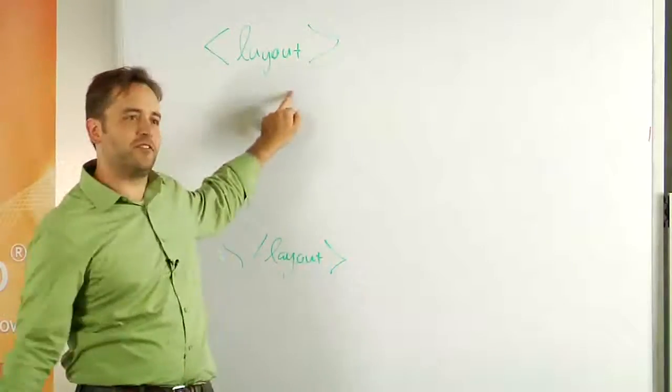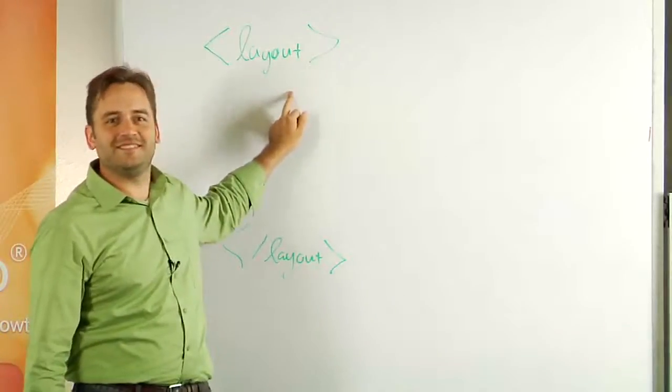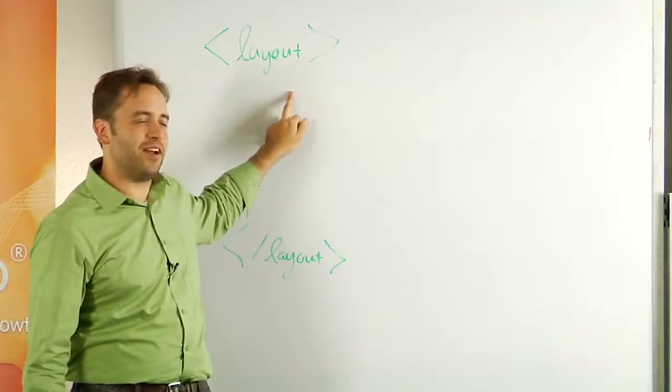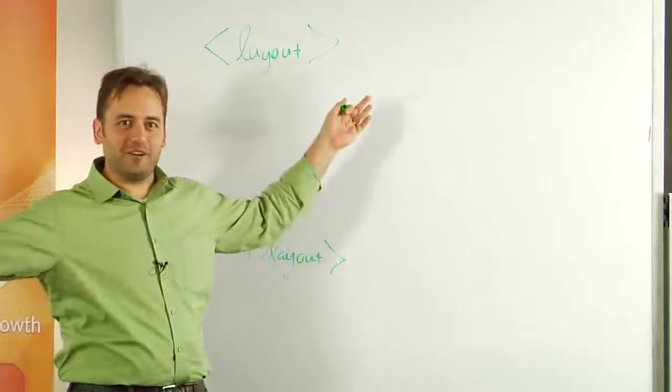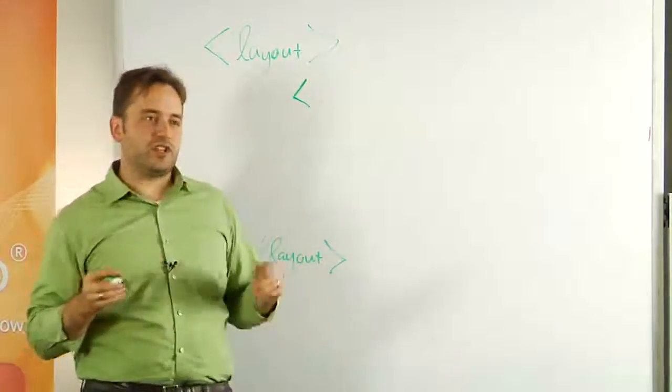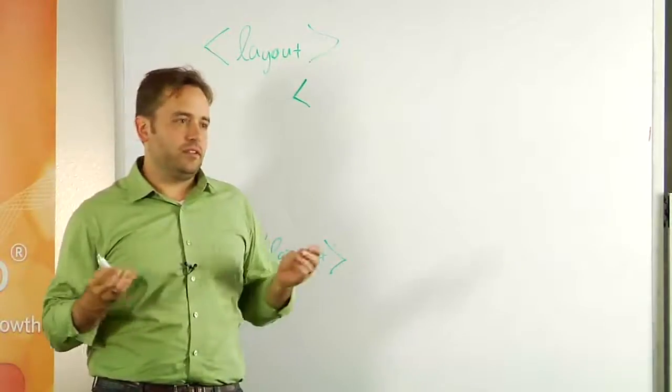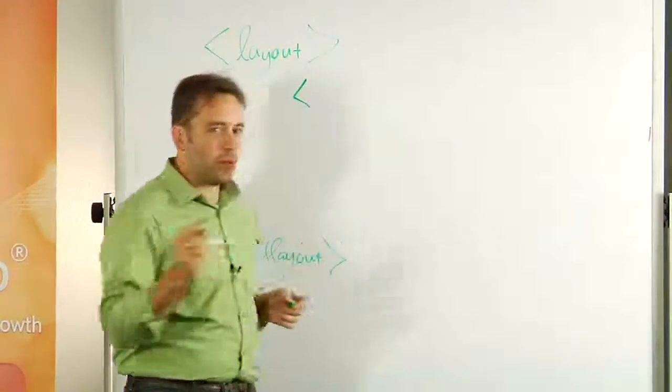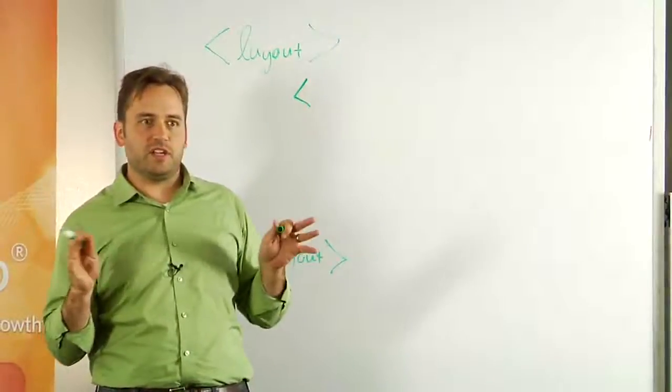Any node directly under layout is a layout handle, a layout update handle. All right? That's all there is. Layout update handles are just a collection of layout instructions. But their naming conventions actually do matter.